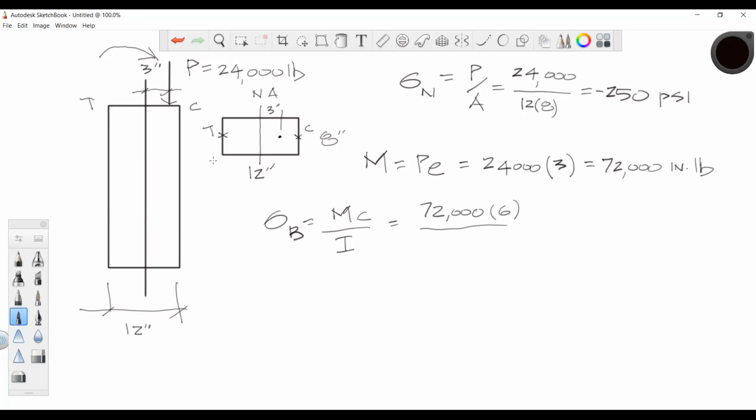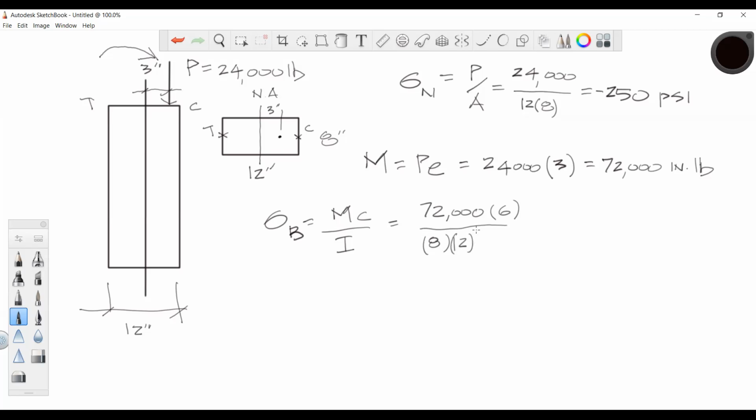It's 1/12 the base times the height cubed. Which is the base, 12 or 8? It's got to be 8, because the base is always parallel to the neutral axis. So this would be 8 times 12 cubed, divided by 12.